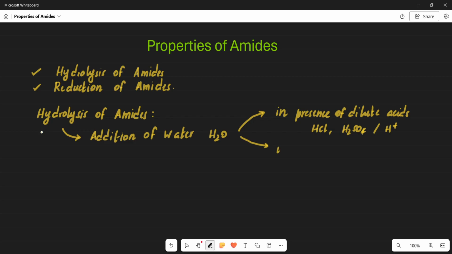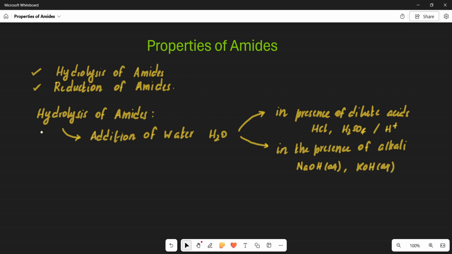And as well, it can happen in the presence of alkali, maybe aqueous sodium hydroxide or aqueous potassium hydroxide.